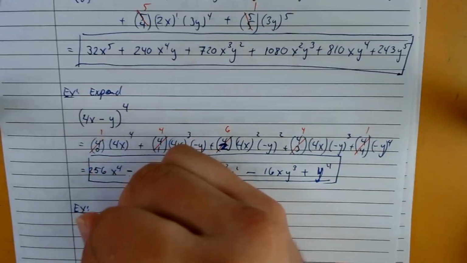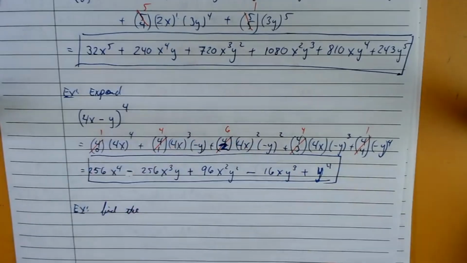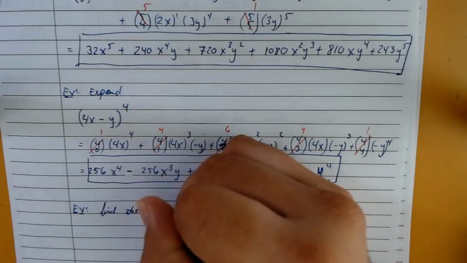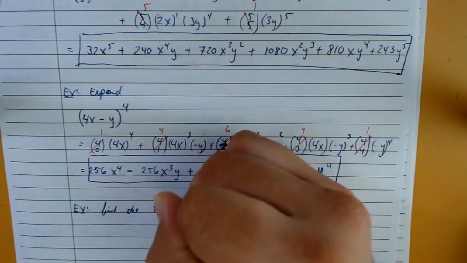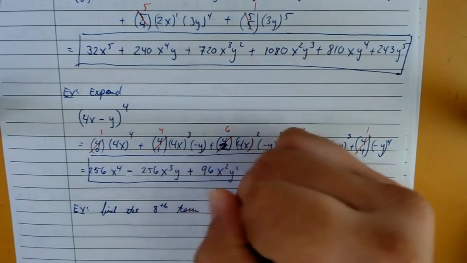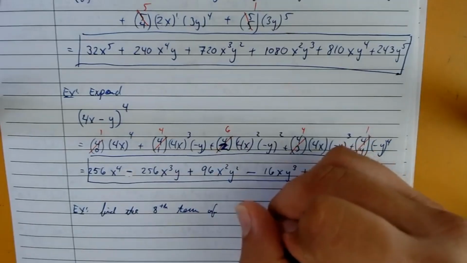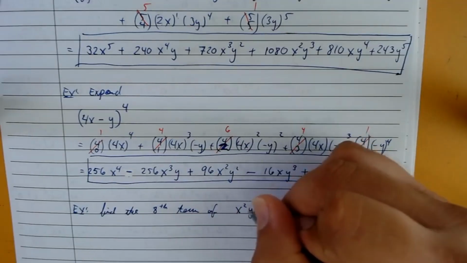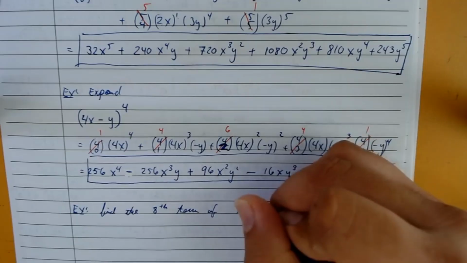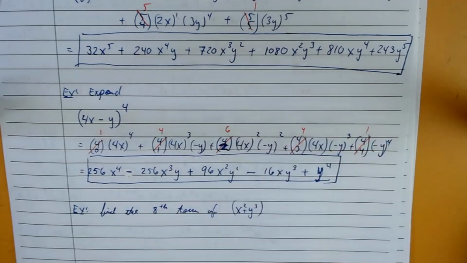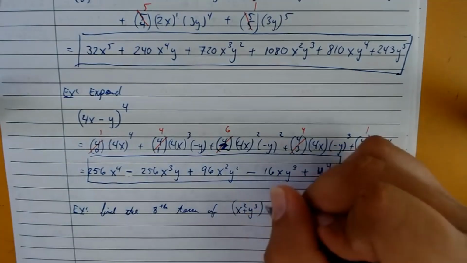Sometimes you only want just a specific term. So here, let's find the, let's go with the 8th. Let's find the 8th term of x squared plus y to the 3rd raised to the power of 8.